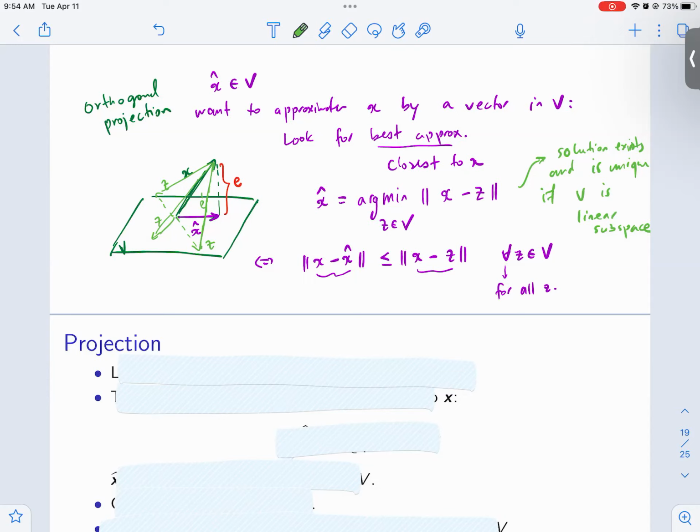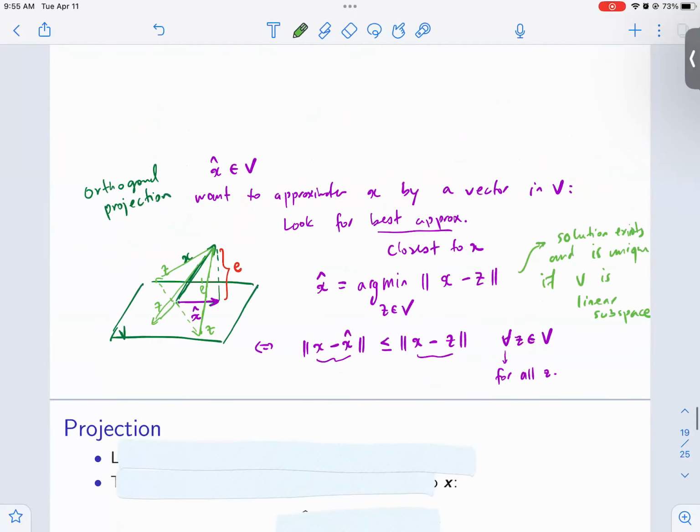Is there some very special property of this E that we can use to characterize the projection? Yes, great. So E is going to be orthogonal to X hat, but it's orthogonal to more, not just X hat. E is going to be orthogonal to the subspace V, to the entire subspace.